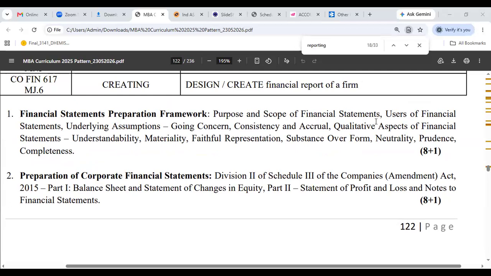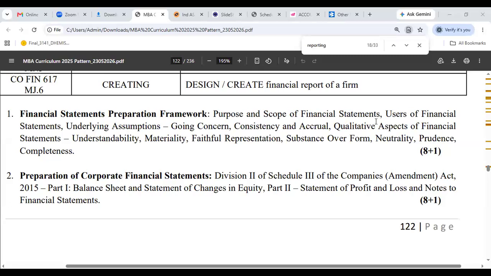So, what are the questions which are expected on the first unit? The first question is: discuss the scope and purpose of financial statements. The second question which can be asked is: who are the users of financial statements? Illustrate with example.